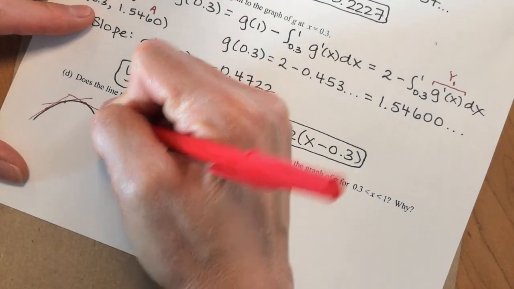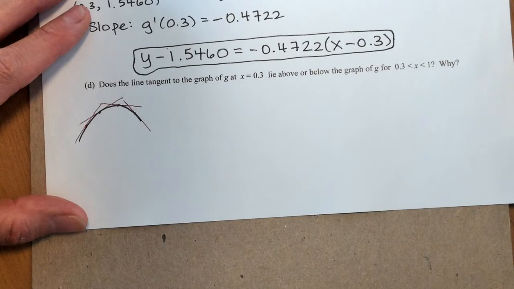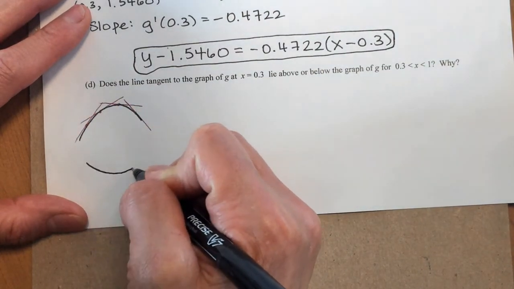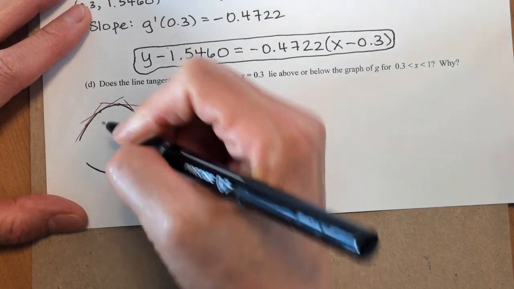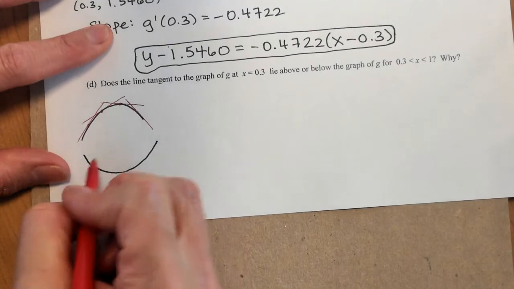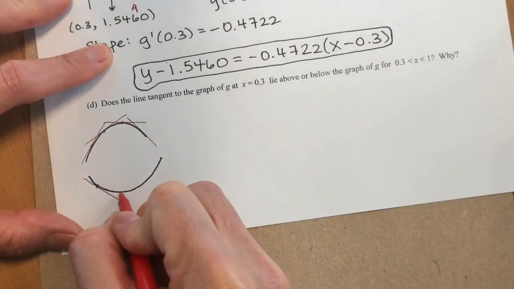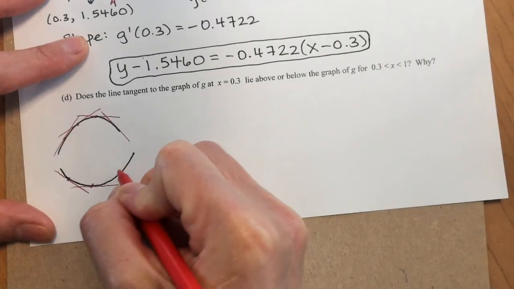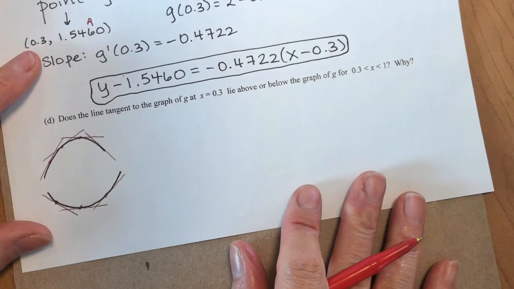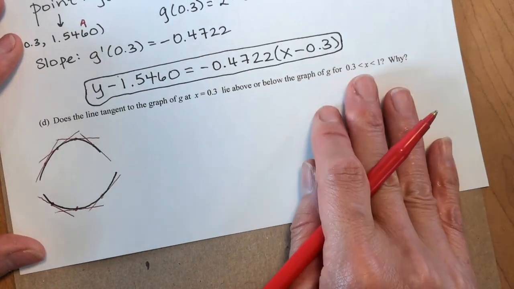Anywhere along a concave down graph, the tangent line lies above the curve. However, if you have a graph that's concave up or convex, then your tangent line is going to lie below the curve. So in order to answer this question, I need to know, is the second derivative positive or negative in this interval?